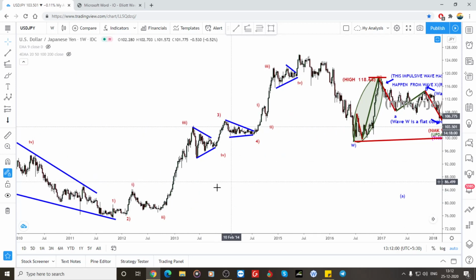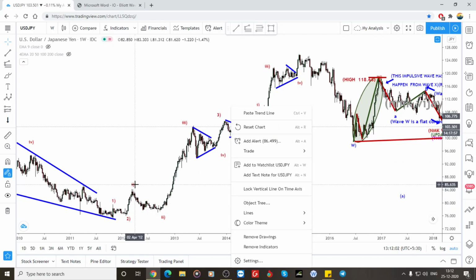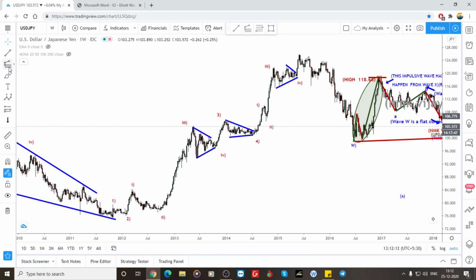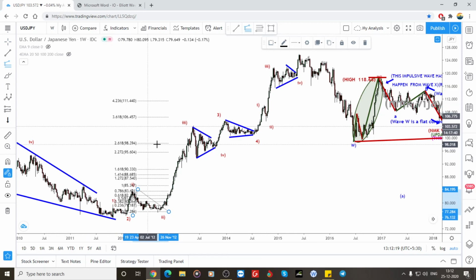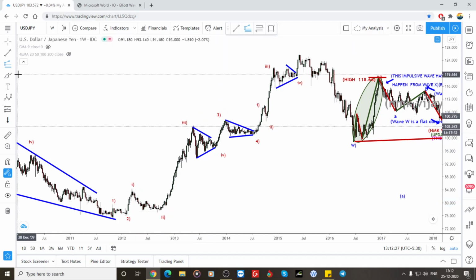Everybody knows that after wave 1 completes and after the correction, the next move starting is wave 3. So here it's a 1, 2. As per the Fib extension level, from wave 1 to the end of wave 2, we may get around 2.618 and above. The fourth wave is also a triangle, and the fifth wave ended.